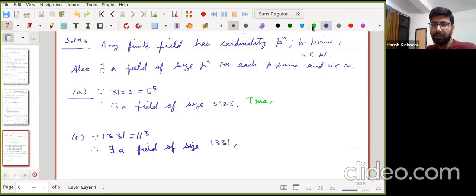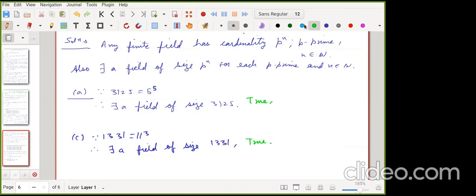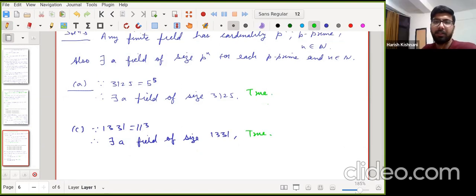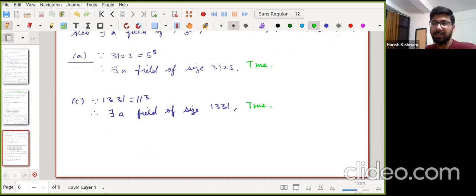What about the other two options? If you write the prime decomposition, you are not getting a single prime. Yes. It is enough to say that there are two primes dividing these orders.